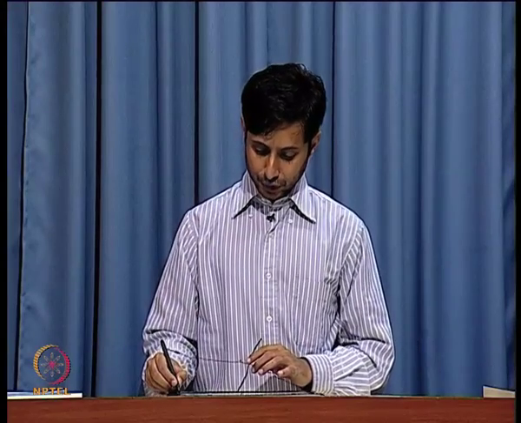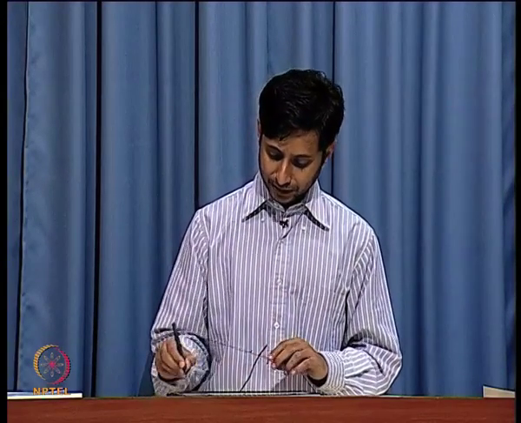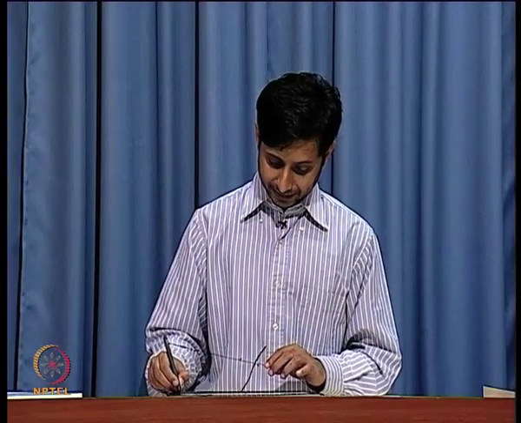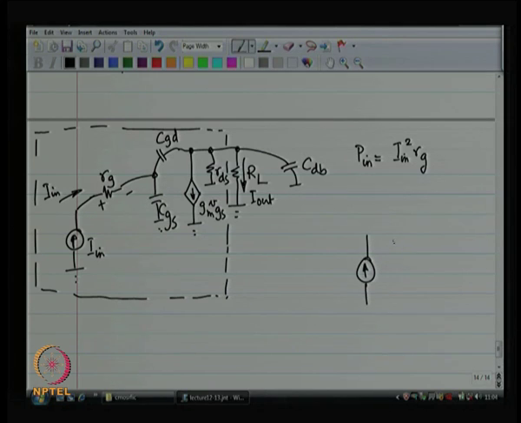Well, the procedure that I like is by using the Norton equivalent circuit, right. Norton equivalent circuit models the entire system including CDB etc., as a current source in shunt with an output resistance.